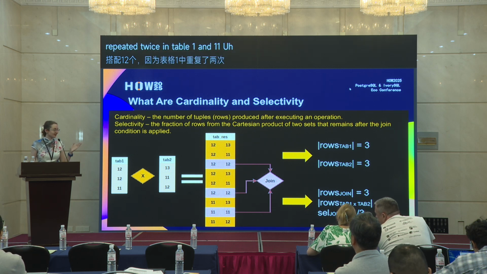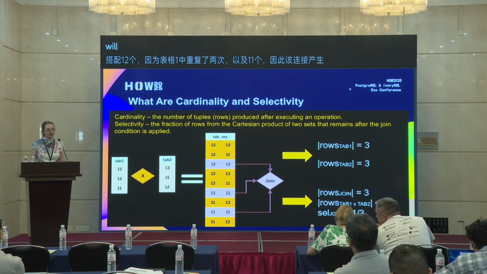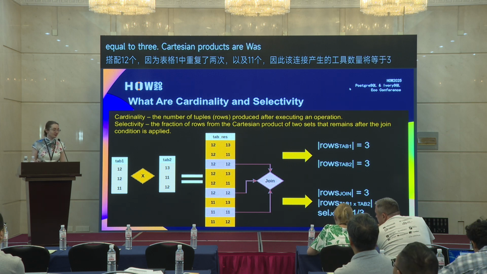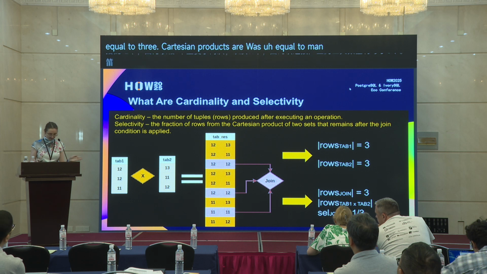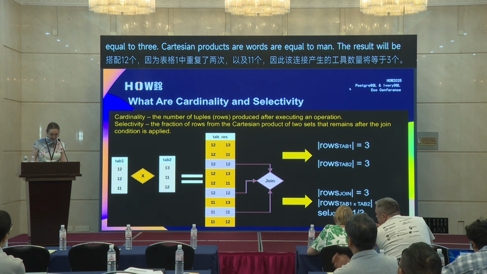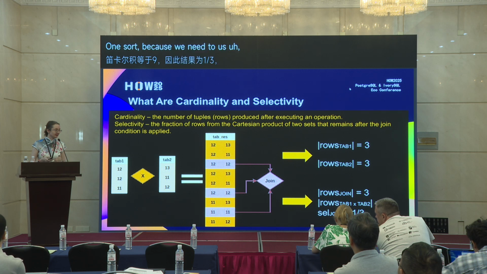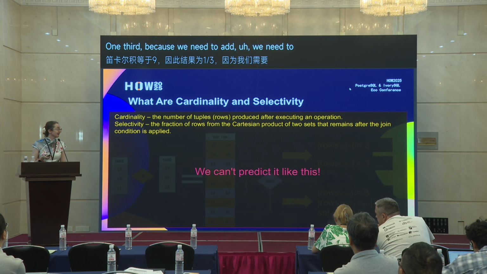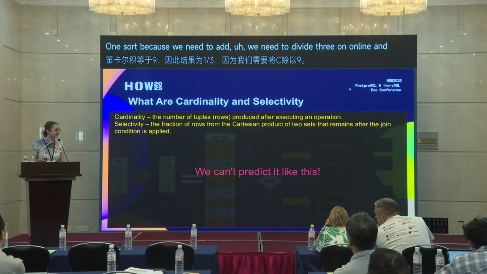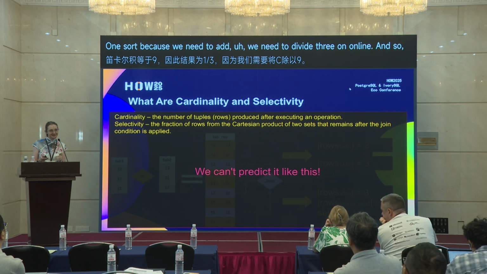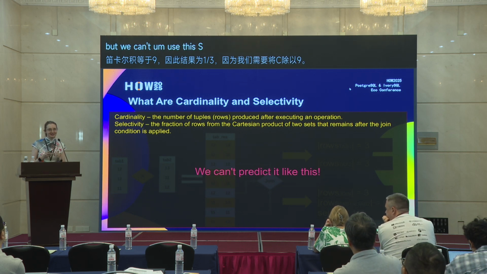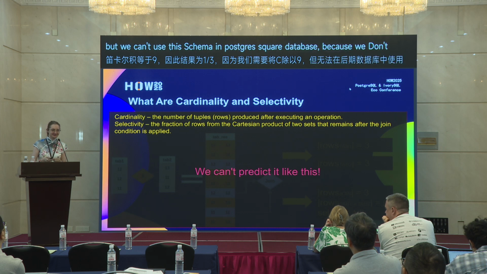So the number of tuples from this join will be equal to 3. The Cartesian product was equal to 9. So the result will be 1/3, because we need to divide 3 by 9. But we can't use this schema in the PostgreSQL database because we don't know the cardinalities.